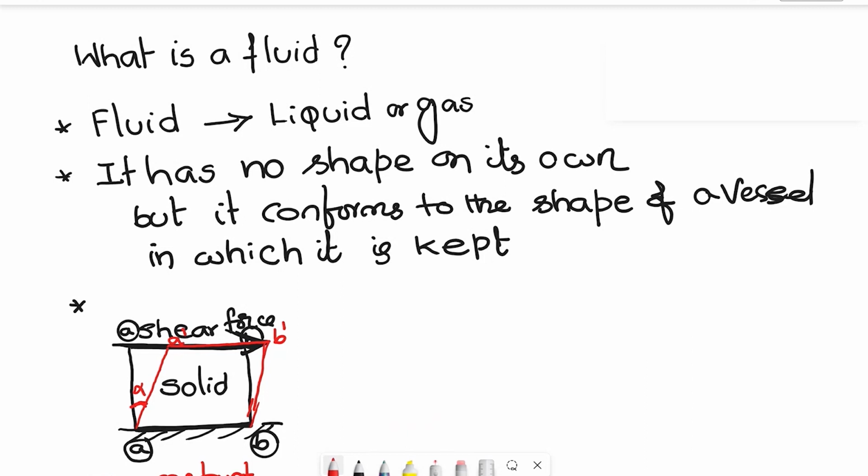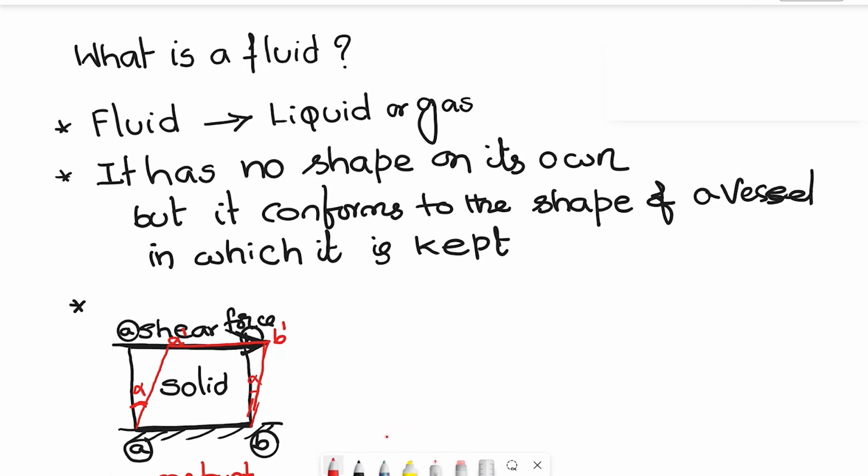Even if you are applying the force with time, this deformation is constant. This angle does not change.